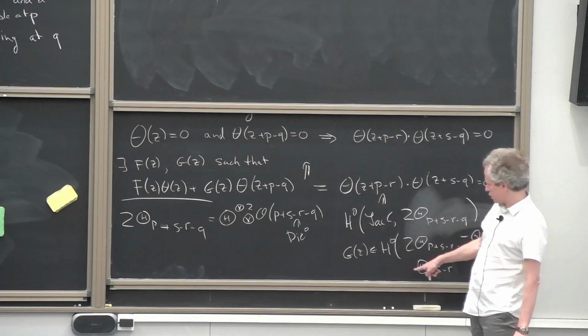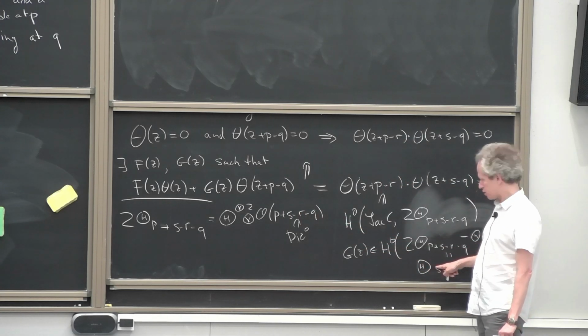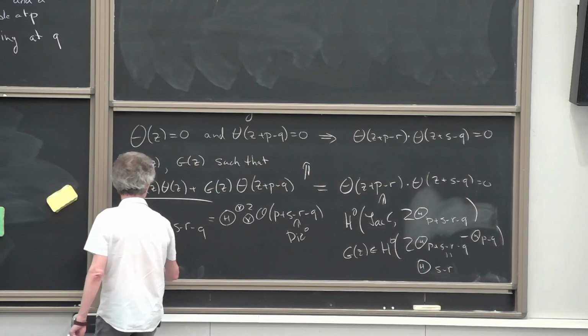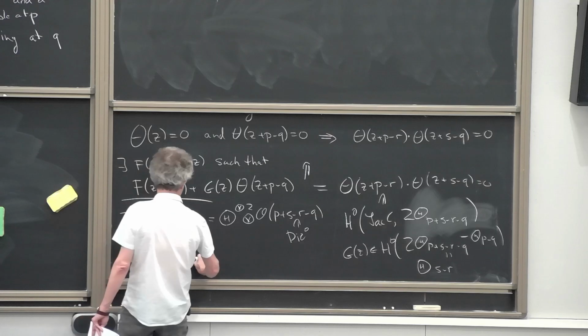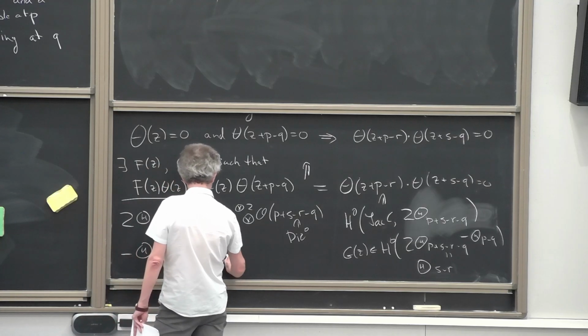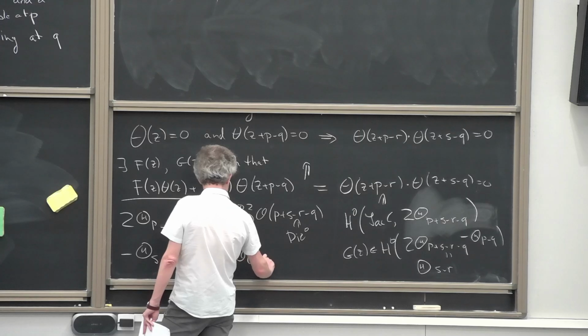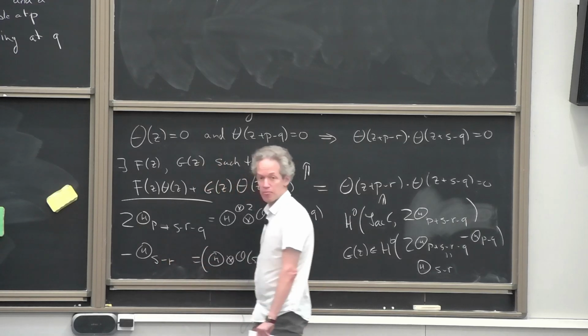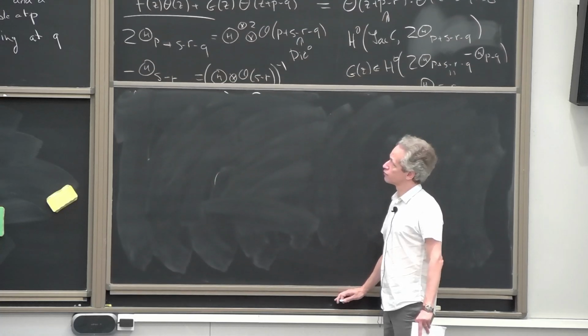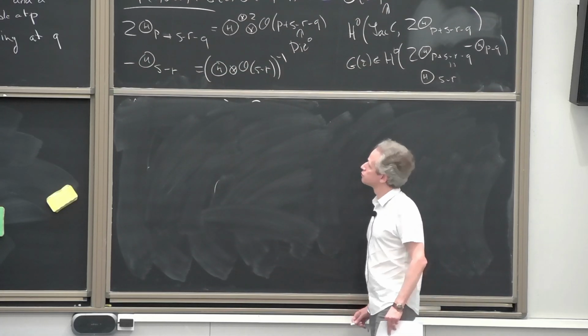Minus means tensor theta inverse, and then minus theta s minus r means theta tensor O of s minus r inverse. Okay?